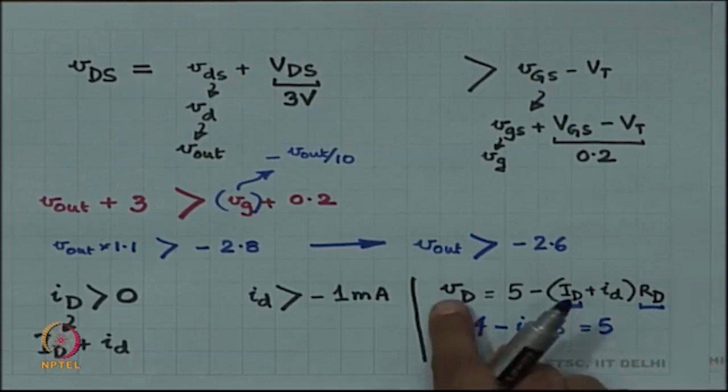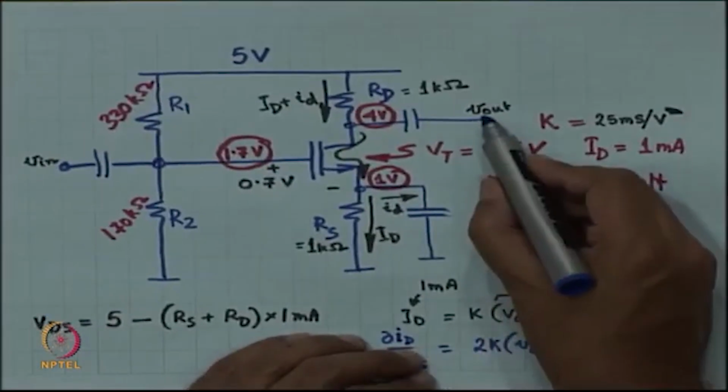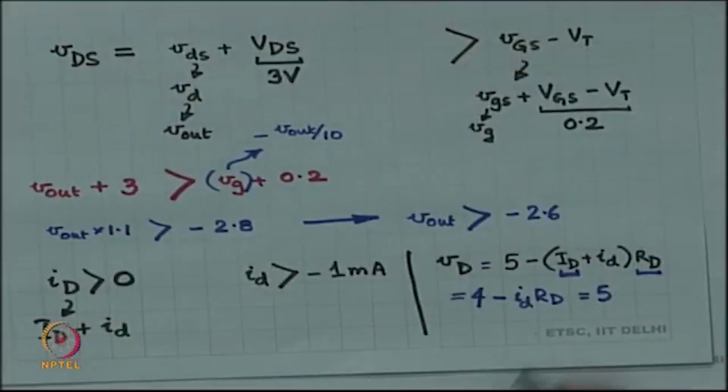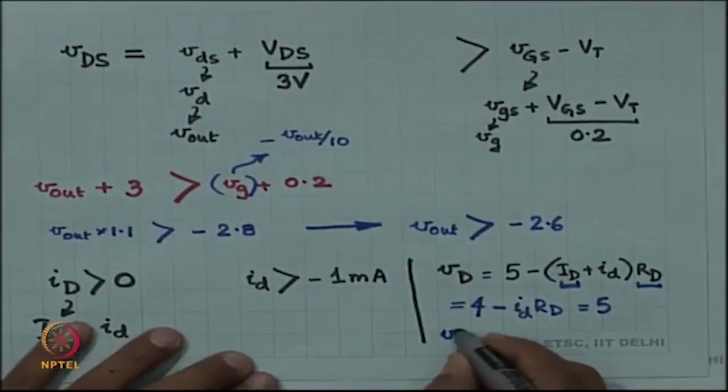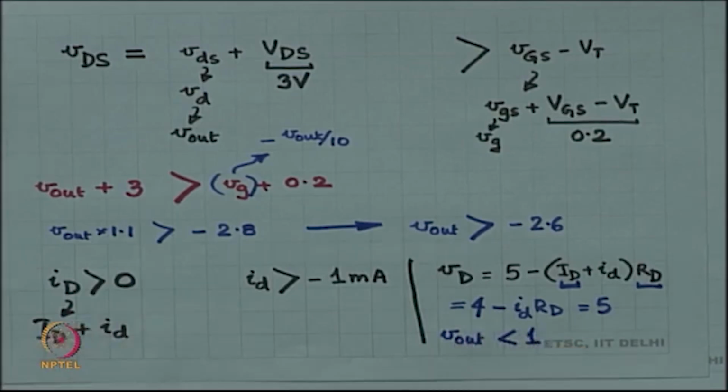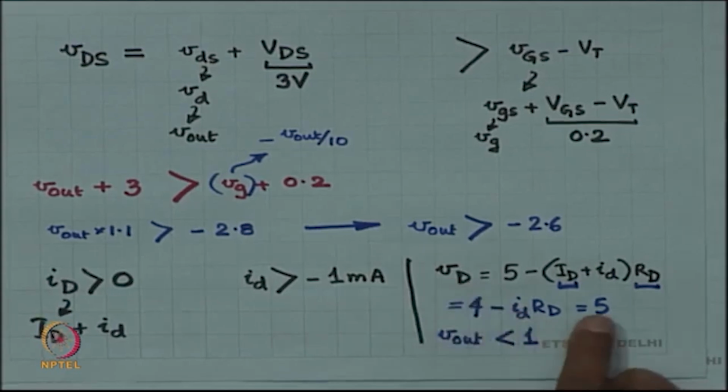So, the largest value of the drain voltage is 5 volts, which means that the maximum V out is how much? Is 1 volt, because V out is what changes from the drain voltage steady state. Operating point of drain voltage is 4 volts, and then beyond that the drain voltage can go all the way up to 5.